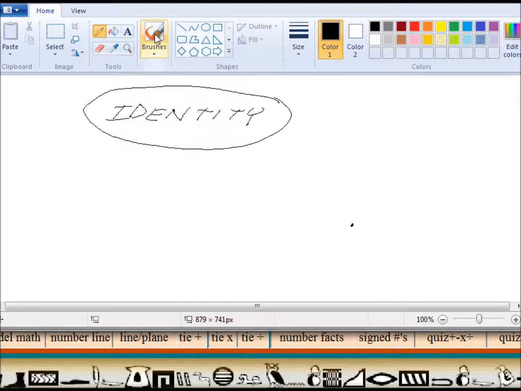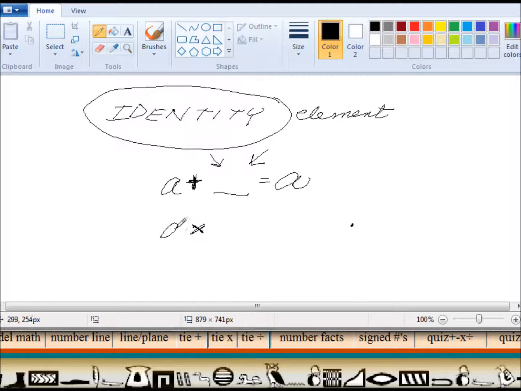And we have the identity element, one for addition and one for multiplication, our two operations on the real numbers. So if you take a number and add the identity element to it and get the same number that you started with, then that thing that you add is the identity element for addition.